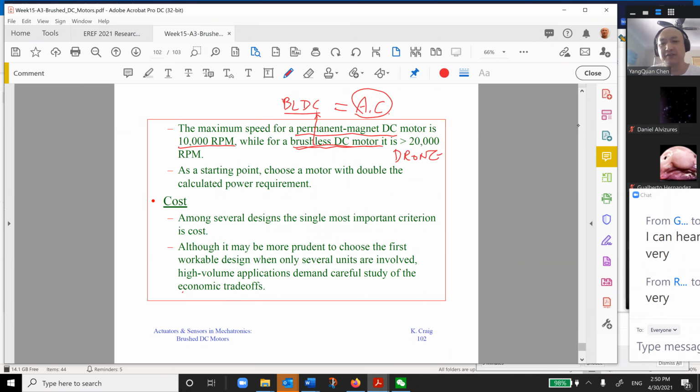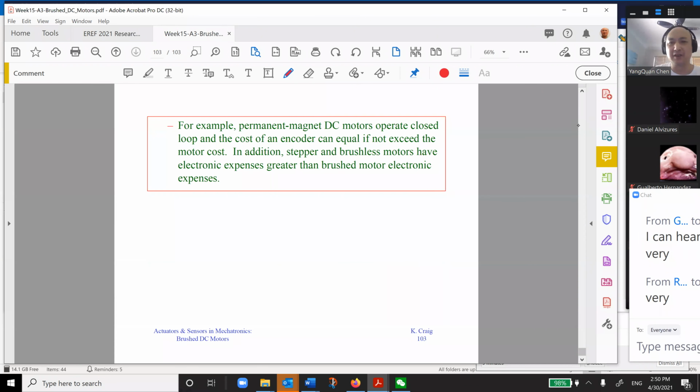So there are a lot of trade-offs when you decide which motor to buy, okay? Usually a permanent magnet DC motor is perhaps lower cost. If you use a shaft encoder, the cost is also not so low.